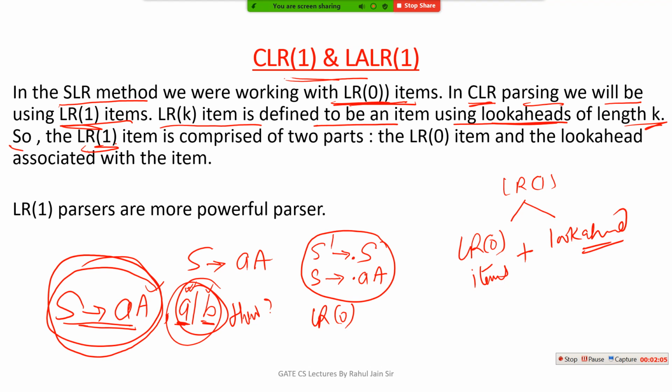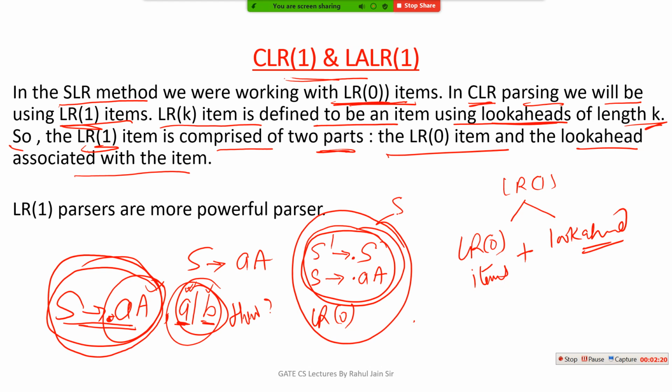The LR1 item is comprised of two parts: the LR0 item, that is the dot before the right hand side of the production, and the look ahead associated with the item. If I add a look ahead to the set of LR0 items, it becomes an LR1 item. I will discuss this with an example so that you can understand it clearly.